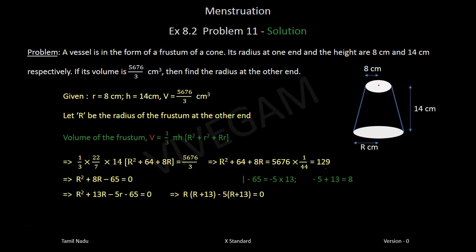This 8 centimeter is small r, and we thought we'd get this side radius to be bigger than this, but it turned out to be smaller. So this 8 centimeter will be here, and the new 5 centimeter will be here. But nothing to worry, we don't have that information when we start the problem. So let's make some assumption and start, and the problem will correct itself.